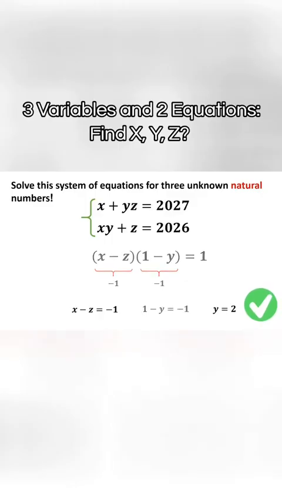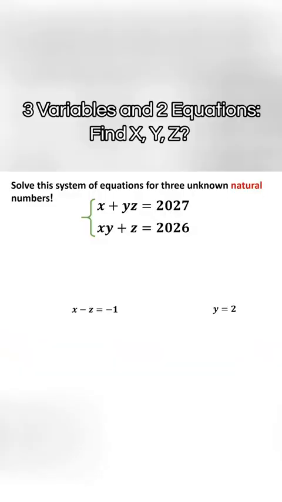Now that the first piece of the puzzle is in place, the rest of the dominoes will fall quickly. By substituting y equals 2 into our first original equation, we get x plus 2z equals 2027. From the first parenthesis, we also know that x minus z equals -1. Now we are looking at a clean classic system of 2 equations with 2 unknowns beautifully shown here.